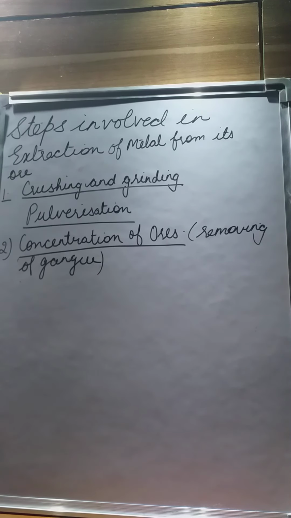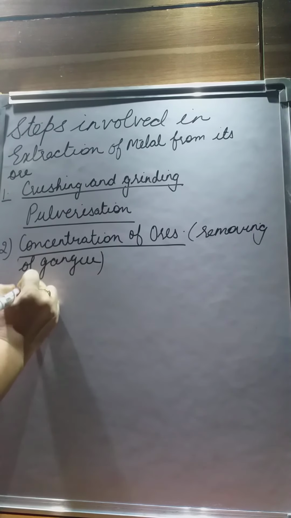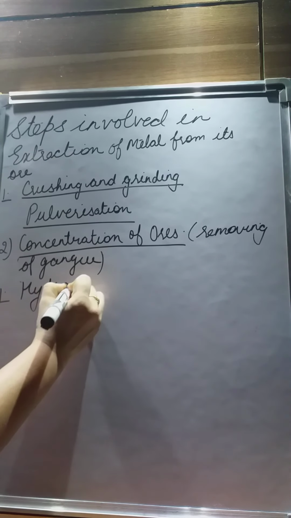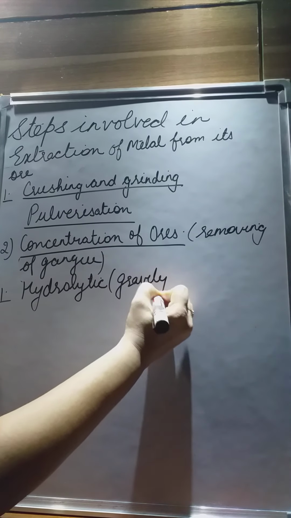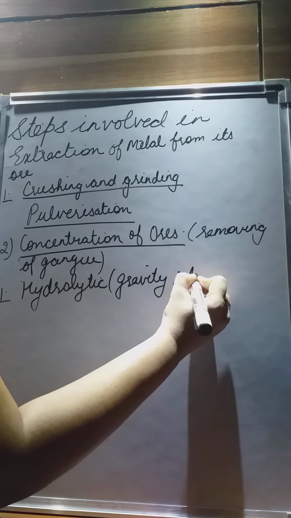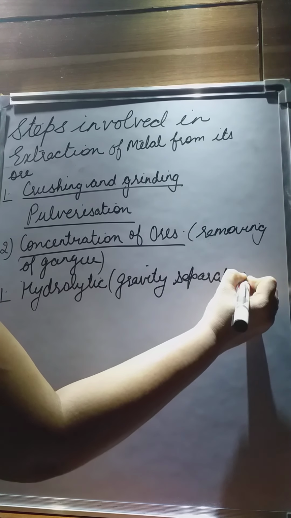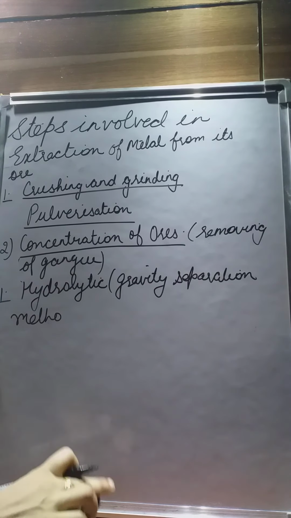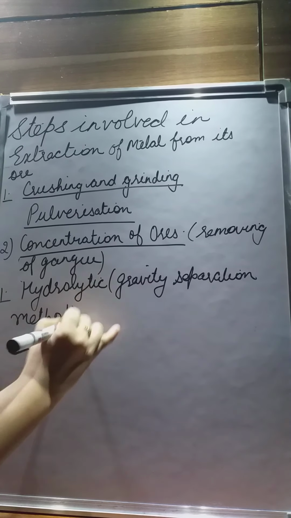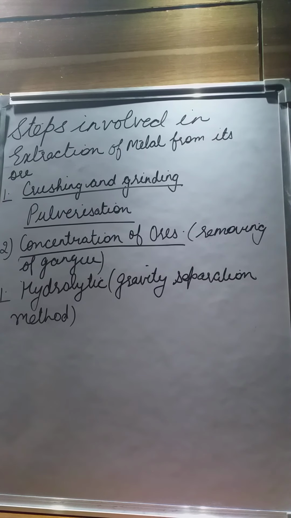Students, the concentration of crushed ore is done mainly by four methods. The first method we will learn is the hydraulic or gravity separation method. Boys, this method works on the principle of the difference in the densities of the ore and the gangue.